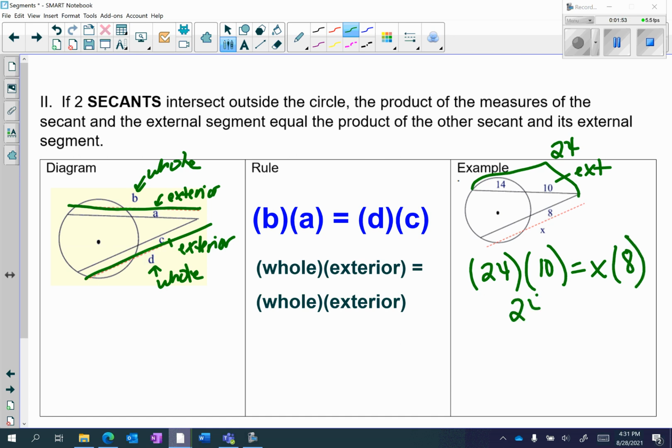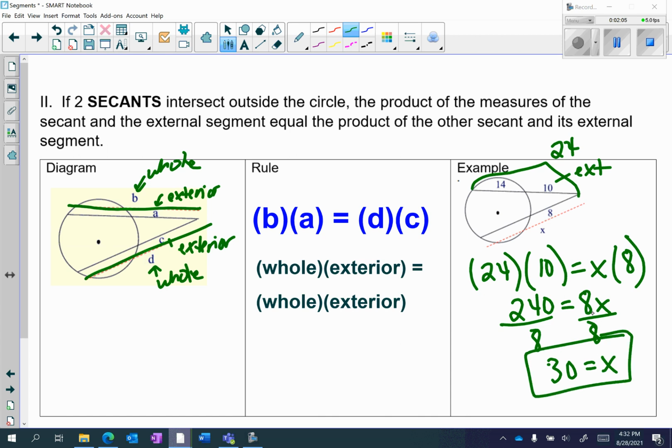So 240 is equal to 8x, divided by 8 on both sides. 240 divided by 8 is 30. So that whole represents 30. So remember, when you have two secants, whole times exterior is equal to whole times exterior.